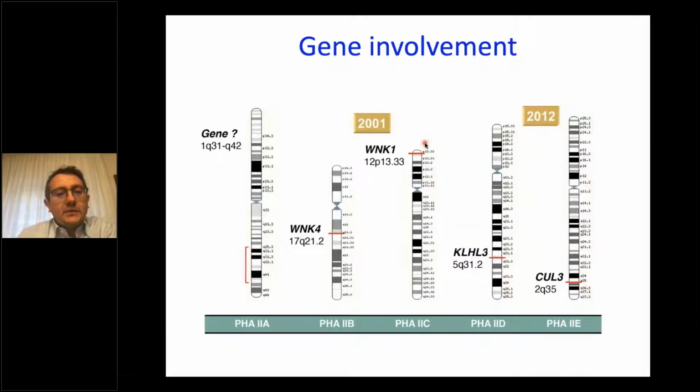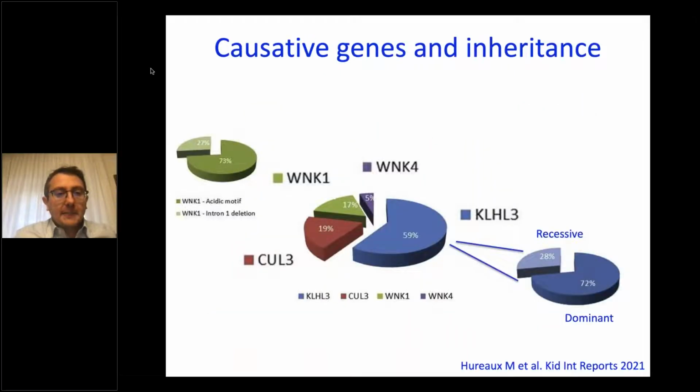The genes involved in the Gordon syndrome are mainly these four: WNK4, WNK1, KLHL3, and CUL3. There is a locus that was identified actually very early when this condition was defined, in which the gene, at least a single gene, is still missing.